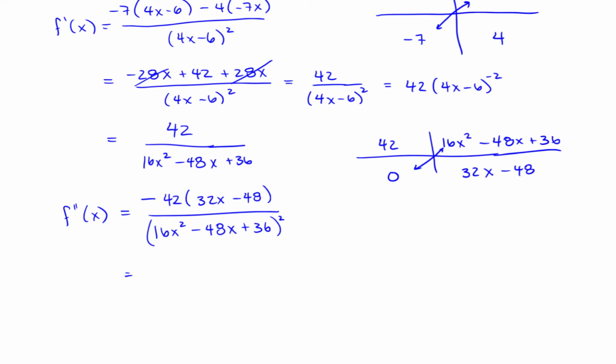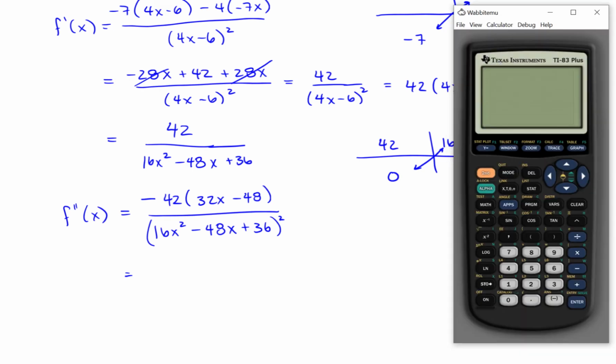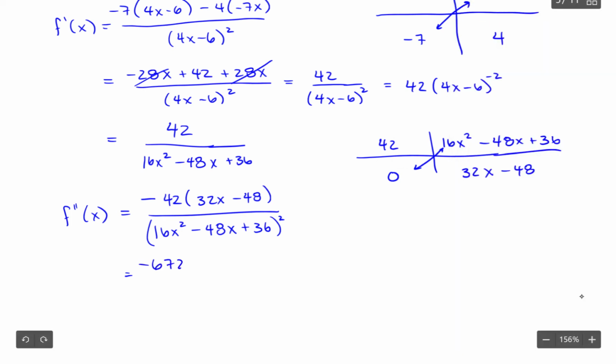Like for instance, there's a common factor of 16 in the numerator. And let's see, 42 times 16, that's 672, so negative 672 times 2x minus 3, all over, this factors into 4x minus 6 squared, but then it's squared again, so this becomes to the 4th power.